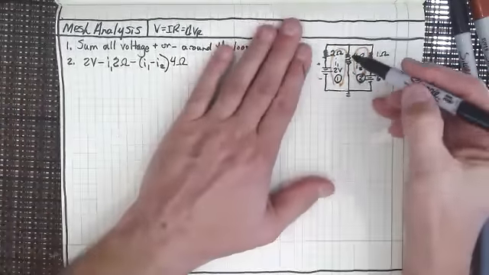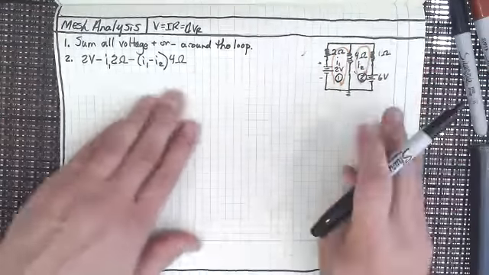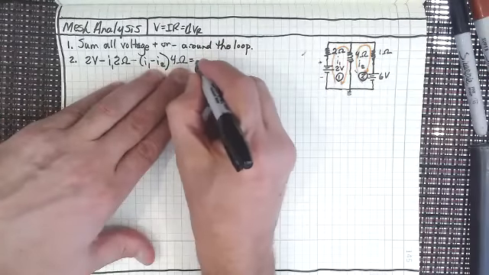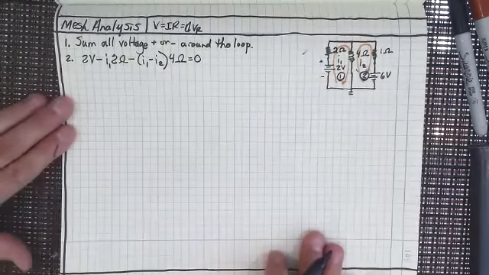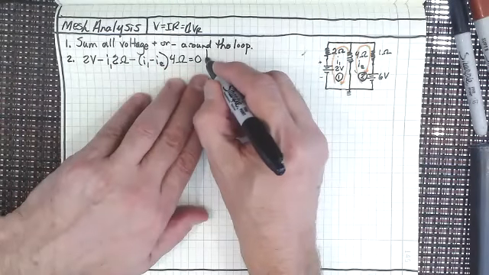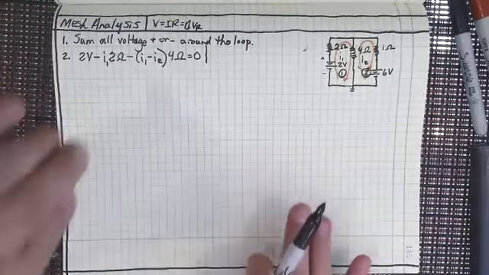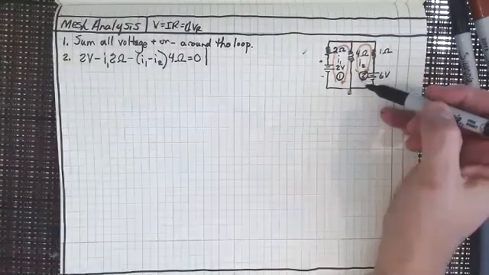Do we see any other voltage increases or decreases as we go around this loop? No. So we know that that has to equal 0, right? Now I'm just going to put this one next to it because it'll be easier for us to simplify as we're going down to get to that point. So let's do the second one as well.